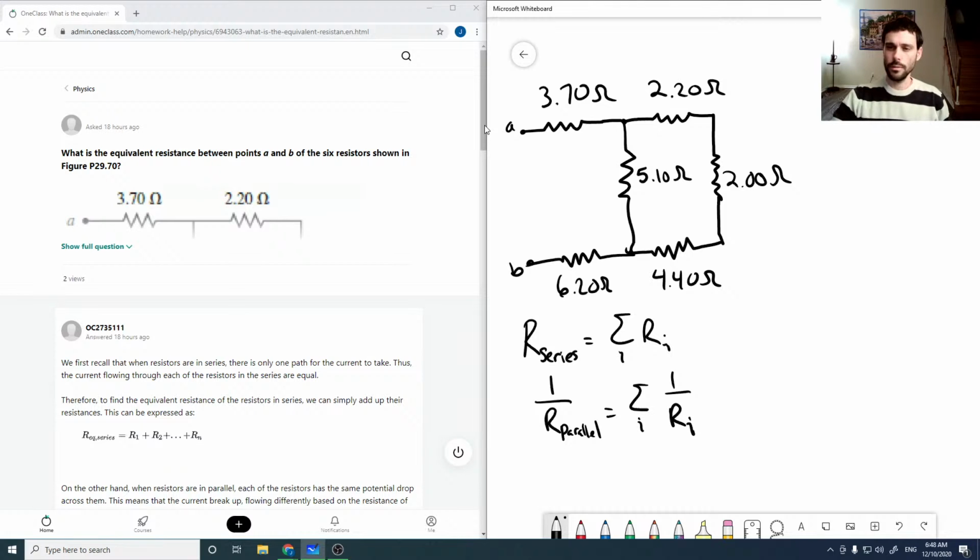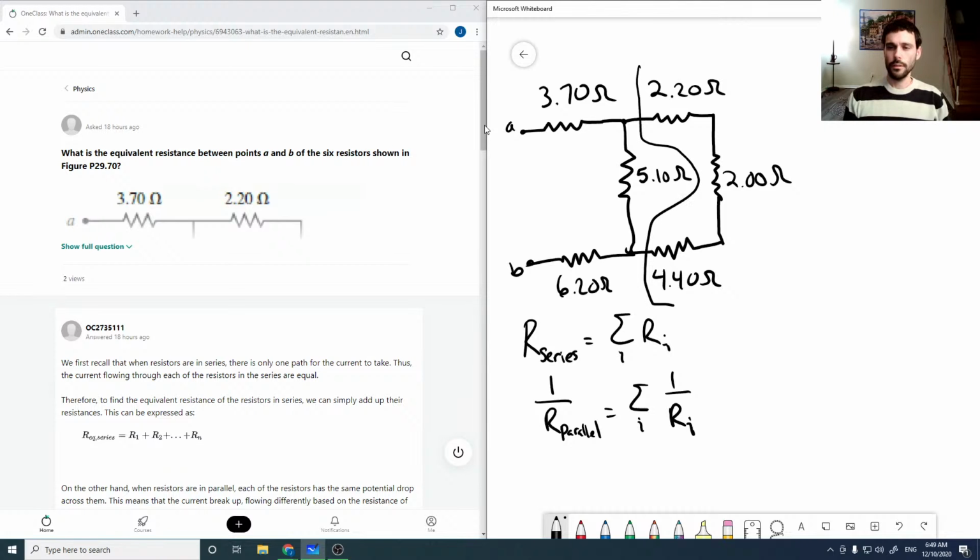So now just to apply this, we've got some resistors in parallel and some resistors in series here, and we're going to need to apply these in different orders.